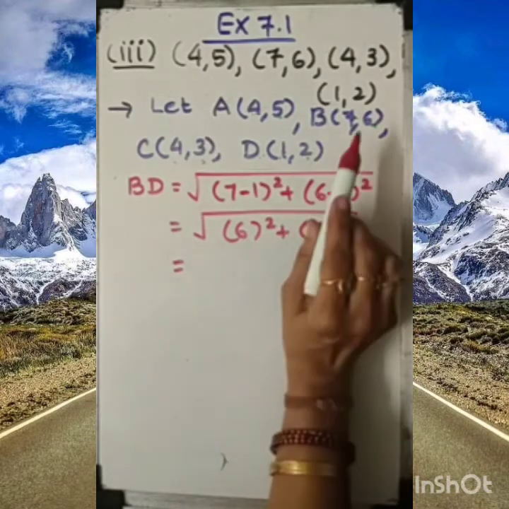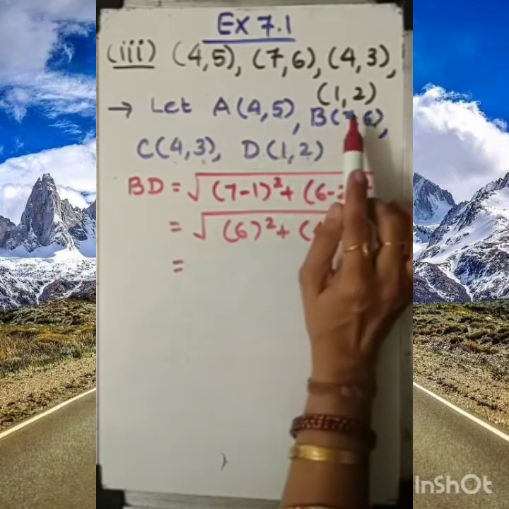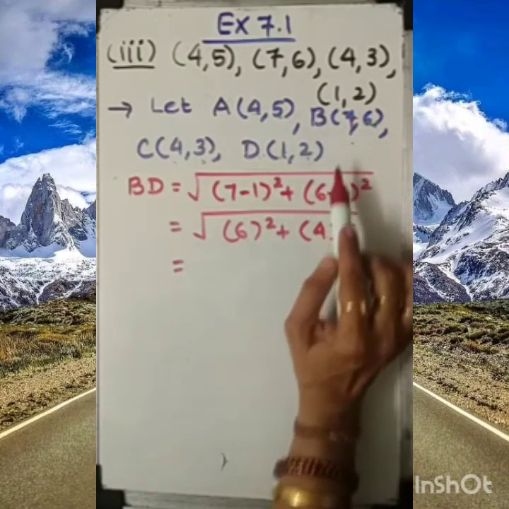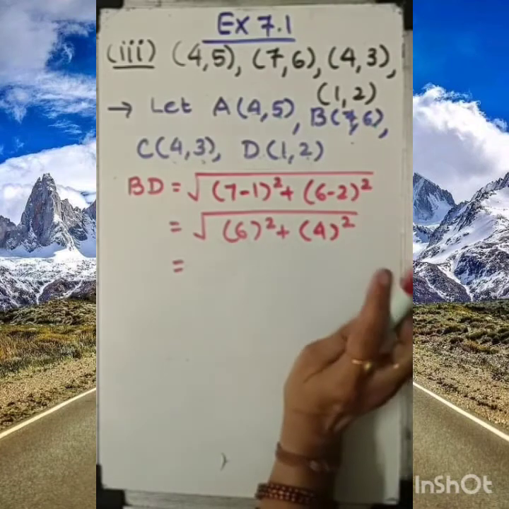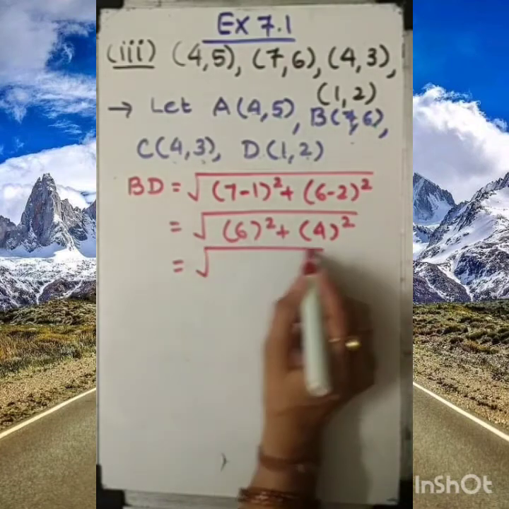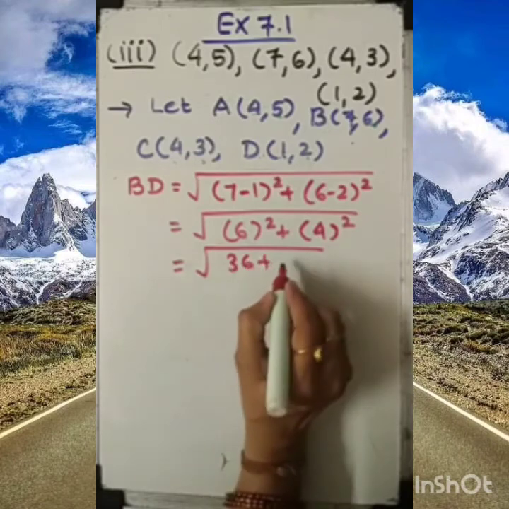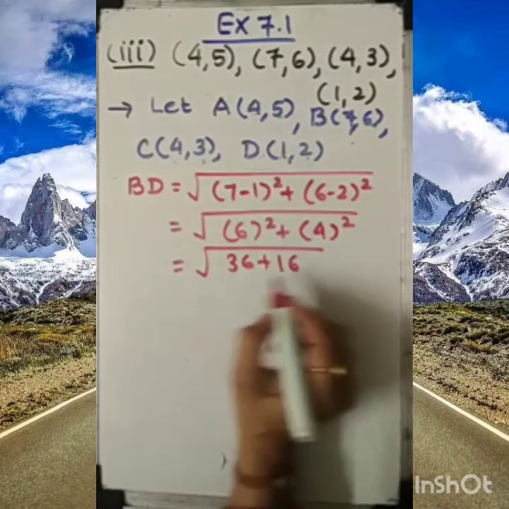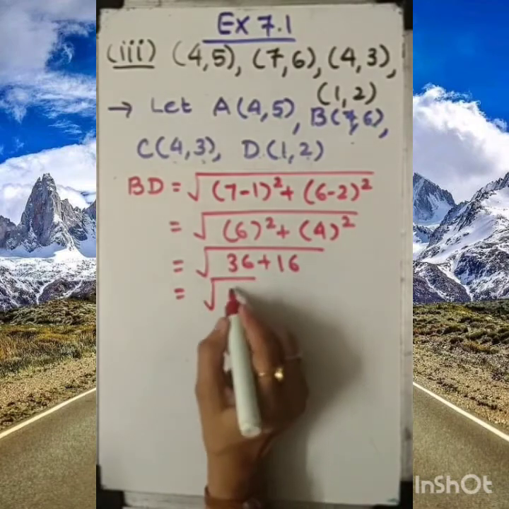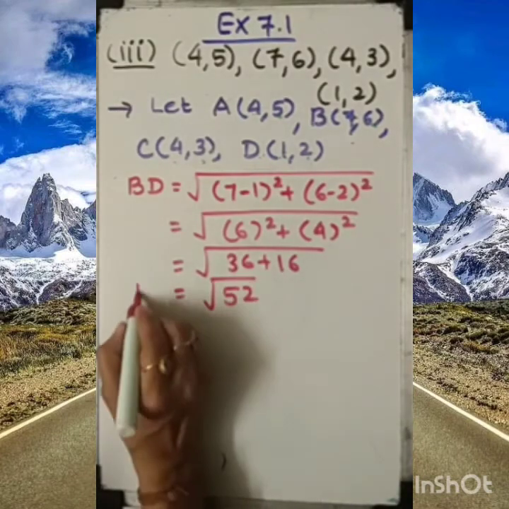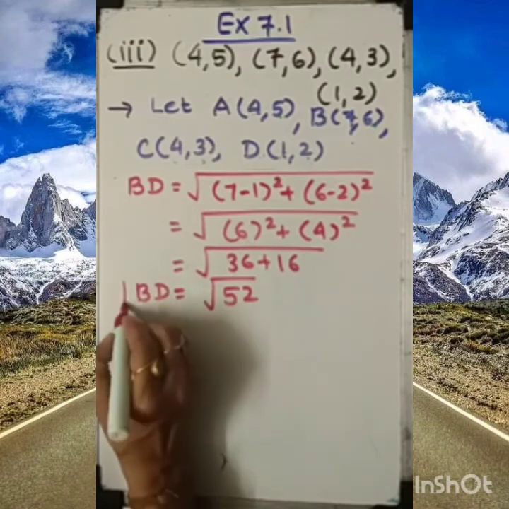Once again let me check here. 1 minus 7 also you can write, and 2 minus 6 also you can write, no matter with that. So 6 square will be 36, and this is 16. 36 plus 16, so the sum is coming under root 52. Okay, it's coming different. Yes.